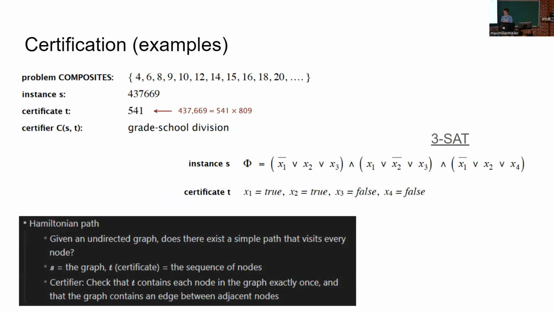We'll run the algorithm and determine if it's composite or not. But the important thing is we get along with it a certificate that shows us if it's composite or not. And then our certifier will just be like, does this divide into this? Yes. So therefore it must not be a prime number, so it must be composite. And so the original answer was correct.